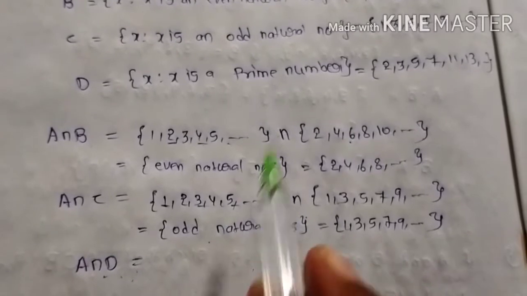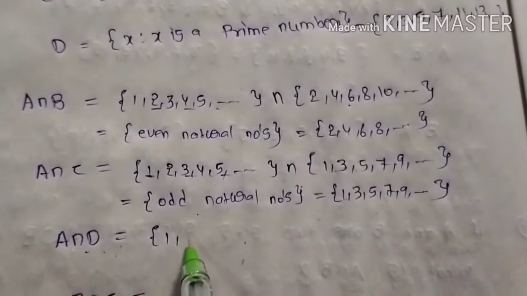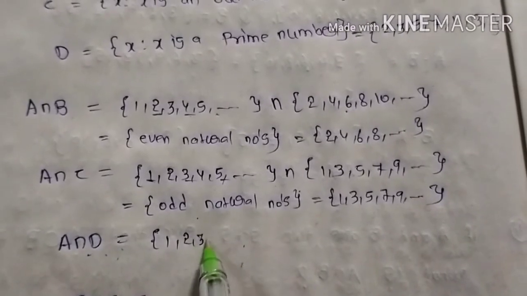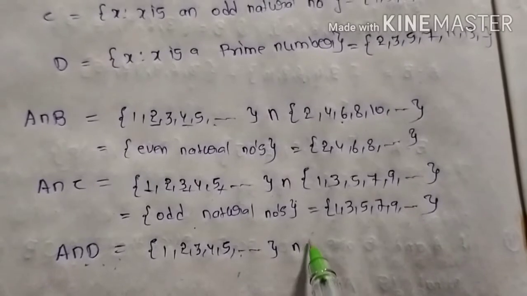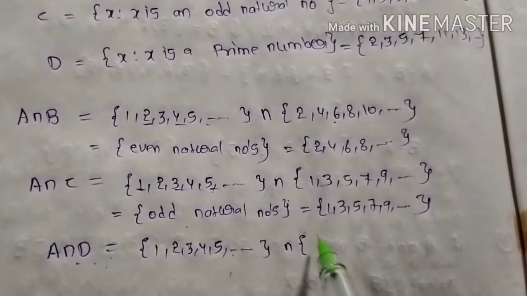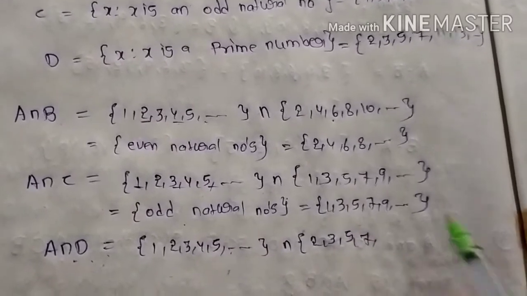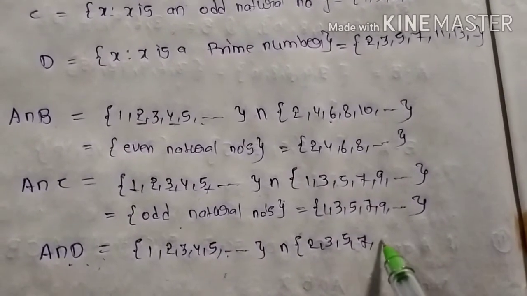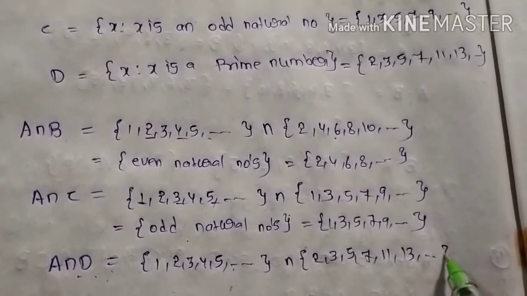A means natural numbers, D means prime numbers or not? Yes, so I am writing here 1, 2, 3, 4, 5 and so on. Intersection D means D is the set of prime numbers, that means 2, 3, 5, 7, 11, 13 and so on.